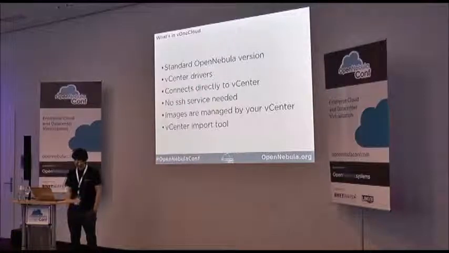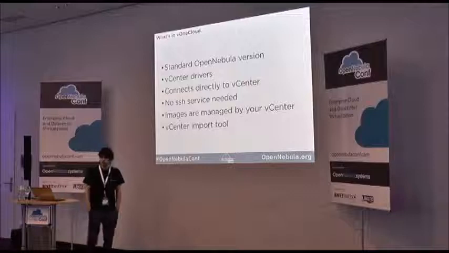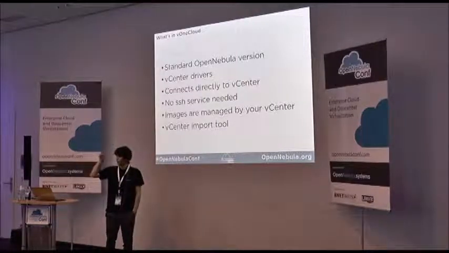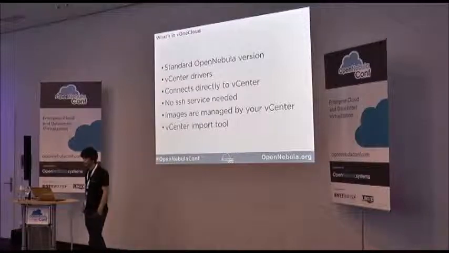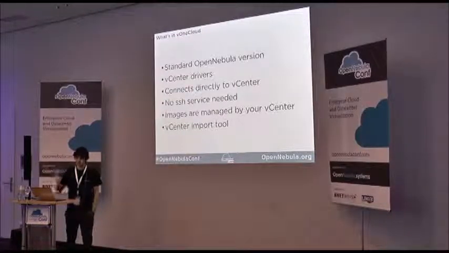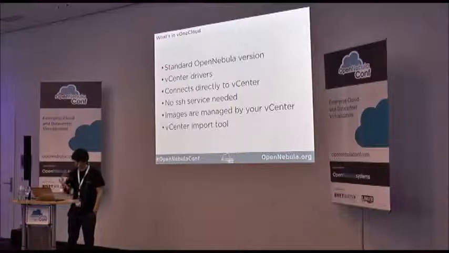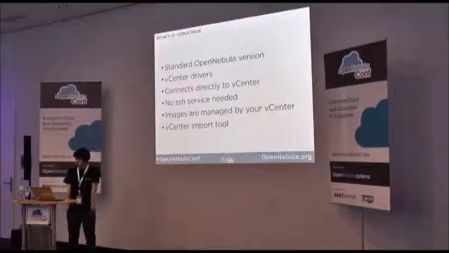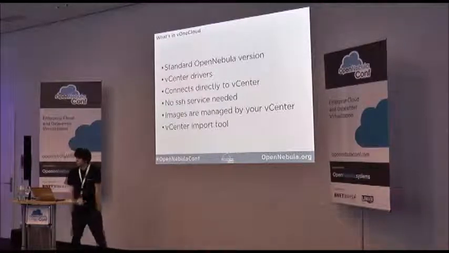One of the nice things, which some users didn't like before, is that the VMware drivers needed to talk through SSH to the ESX machines, and some people didn't like having the SSH connection open to the external machine. Also, the images are managed by vCenter, so you don't need to change your workflow.